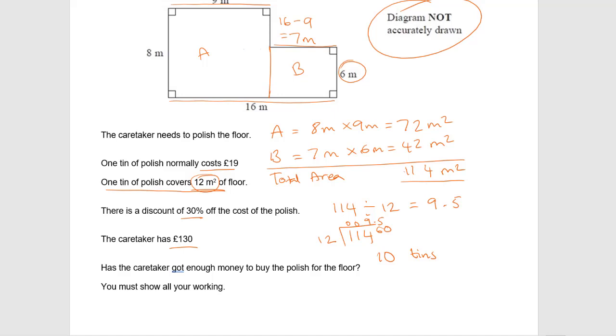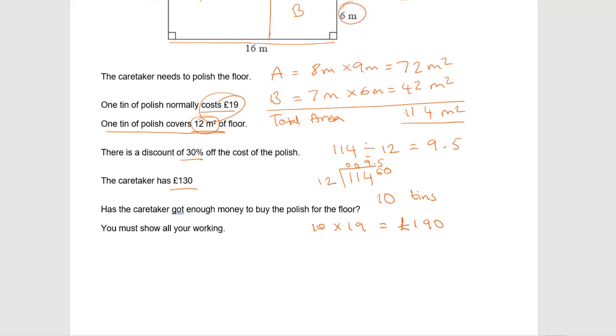To find out the cost for 10 tins, so 10 times by 1 tin costs £19, times by 19, which is £190. Now we need to find out what the price is after the discount. We have a 30% discount, so let's find out 30% of 190. So 10% is divided by 10, which is 19.